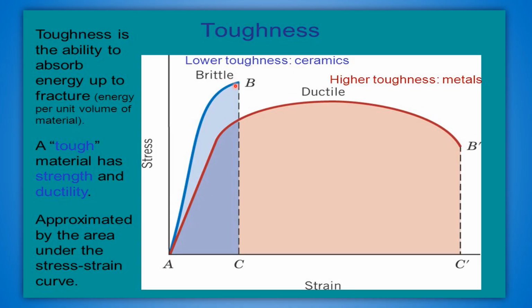Because material A has a higher ultimate tensile strength. But if the examiner asks you which material is the toughest, actually material B is tougher than material A. Why? Because it has a larger area under the curve when compared to material A. That's why sometimes the terms are confusing.